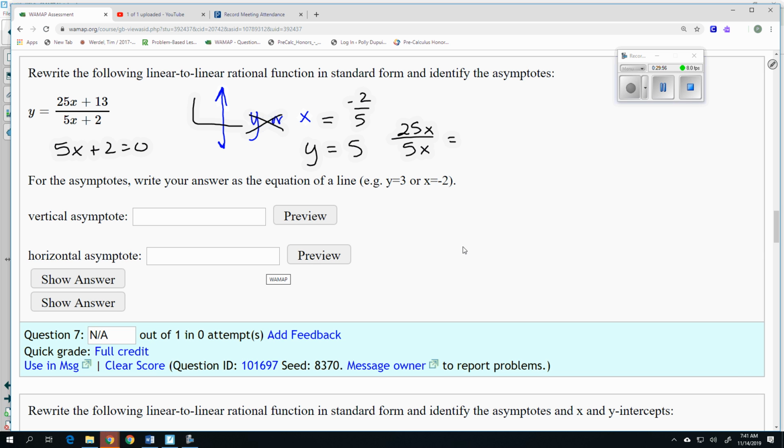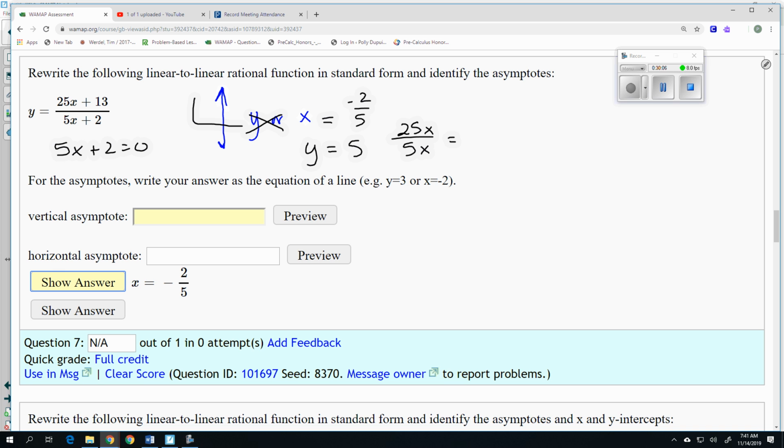It says that you're wrong. Did you just type in 5 and 2/5? Or did you type it in as x equals? Did you type in negative 2/5? X equals negative 2/5. Okay, question. Do you have a question, Macy? Are you sure? Do you want me to look at yours?